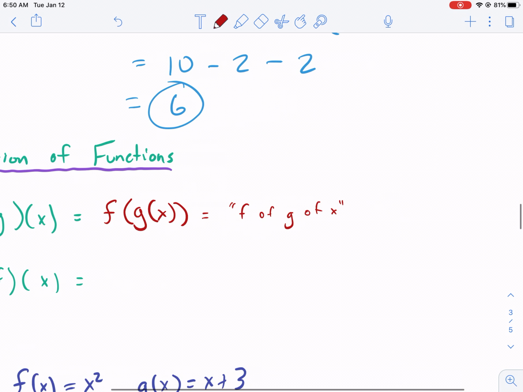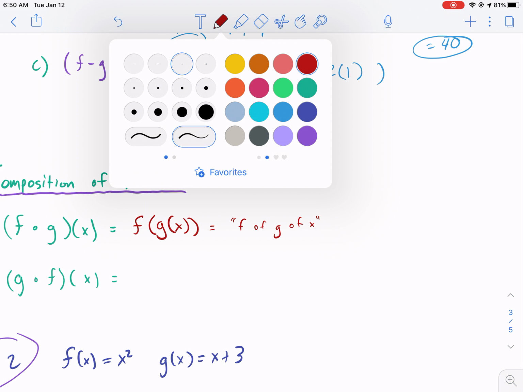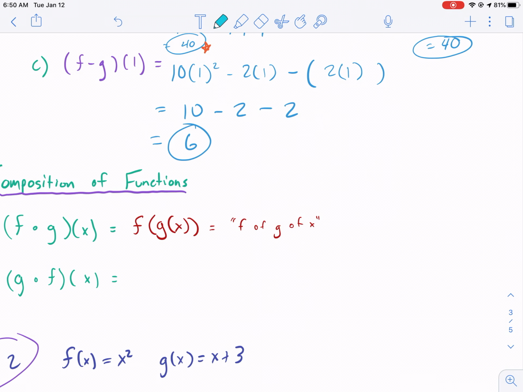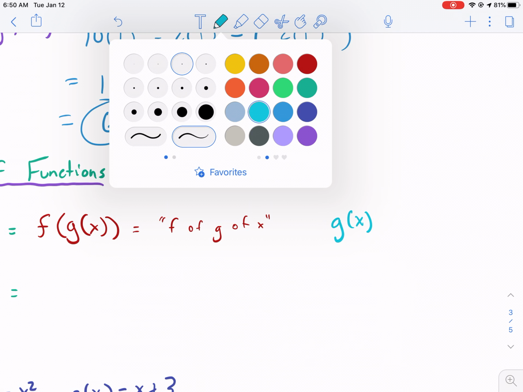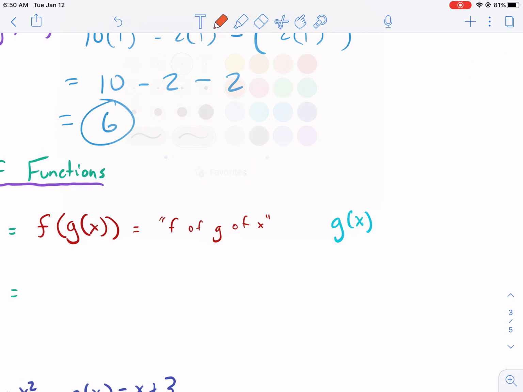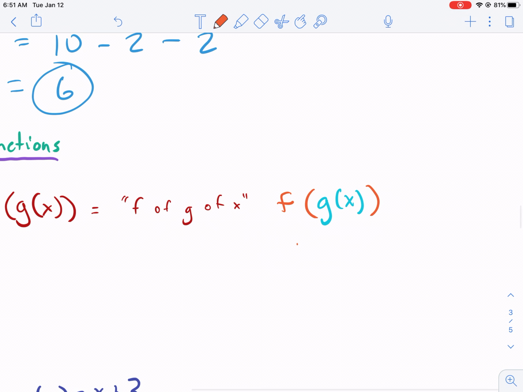Now, how do we handle this? Well, we see that there are 2 parts to it. We have the g of x, and then we have the f of x, kind of like a big f of x.